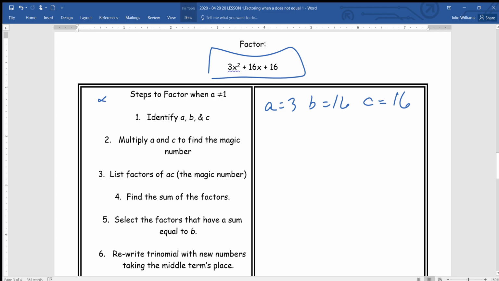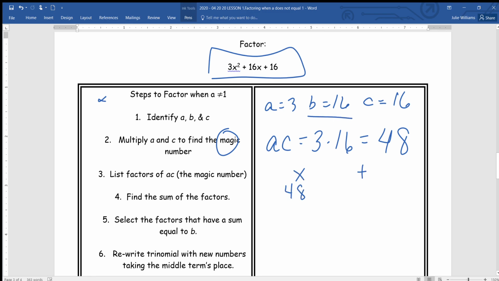Then we identify our magic number, which is AC. So that means 3 times 16. That is 48. So my magic number is 48. So I have to find factors of 48 that have a sum of my B, which is 16.